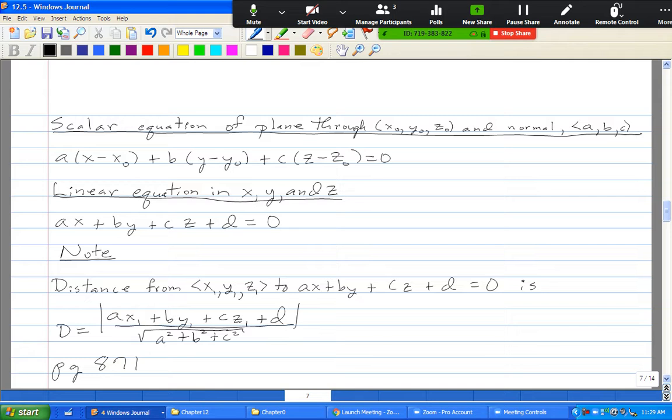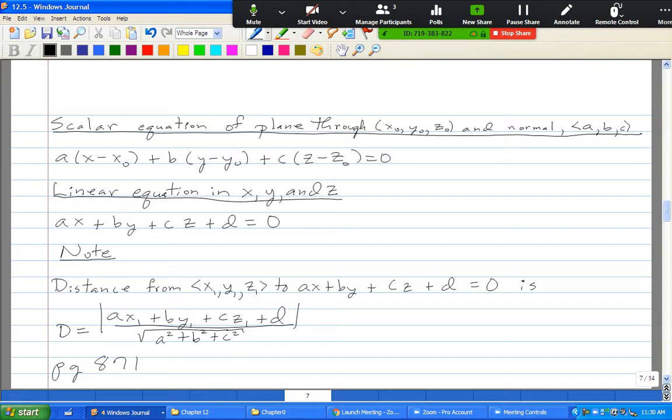So the distance from the point, the vector x1, y1, z1, to the plane ax plus by plus cz plus d equaling 0 is given by a x1 plus b y1 plus c z1 plus d in absolute value divided by the square root of a squared plus b squared plus c squared.